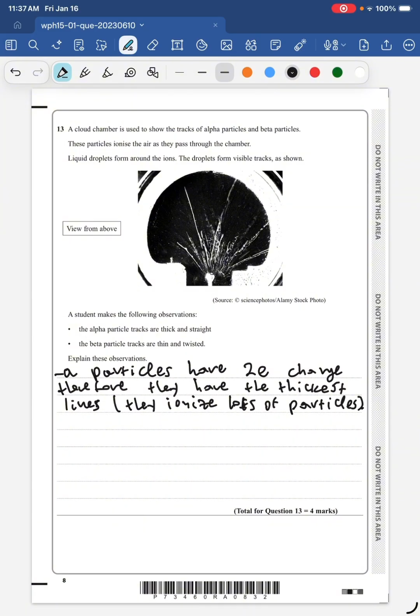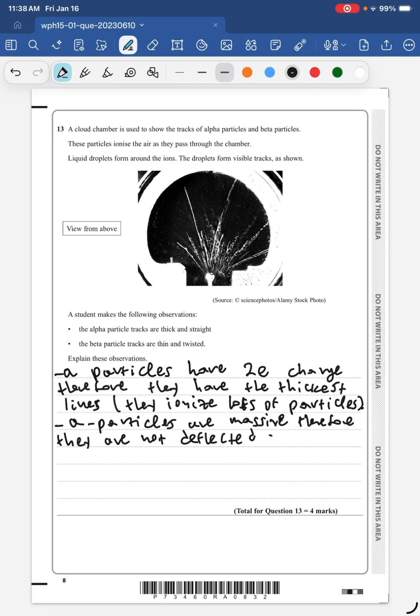They are also massive. Alpha particles are massive. Therefore, they are not deflected by much. They are not deflected much, hence they have straight lines.